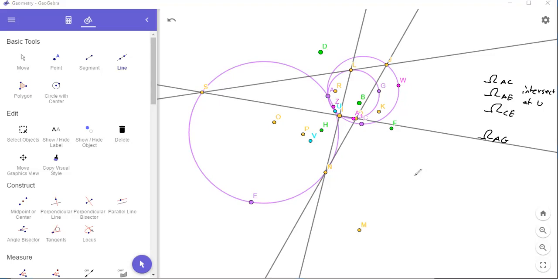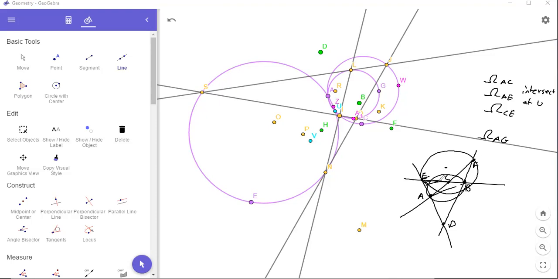The gist of the matter is, in general, if you have a complete quadrilateral and consider the pairs of points, say A and B, and two different pairs, say E and F, you pick the midpoint and draw the circle with diameter EF, and you do the same for AB, and the same for CD.